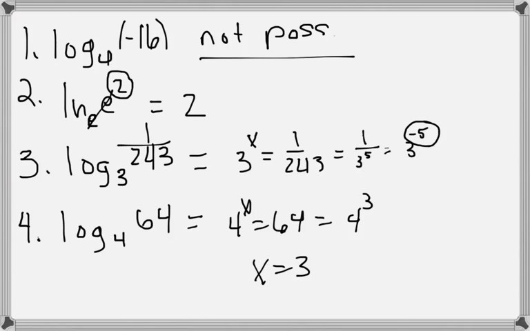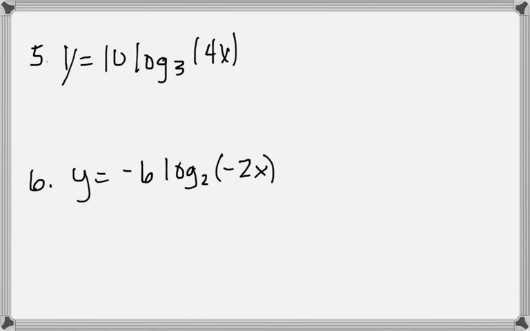Let's do 5. These are inverses. So remember, the first step of an inverse is to isolate the log. So we're going to say y divided by 10 equals log base 3 of 4x. What's next?